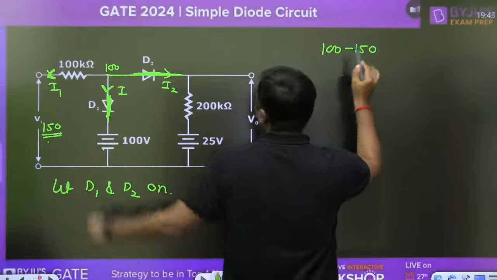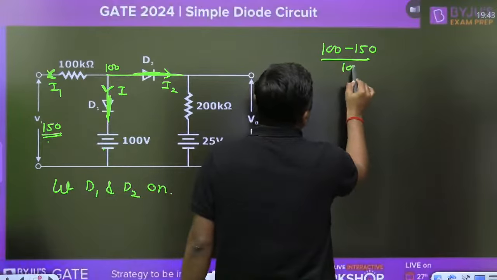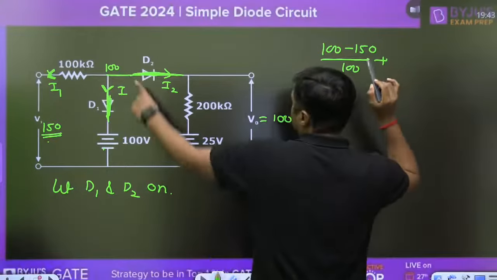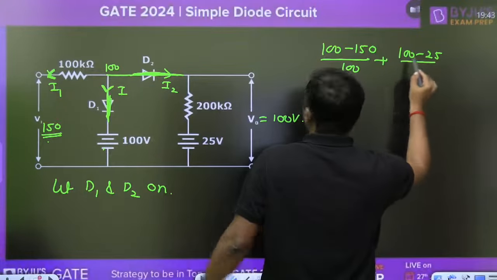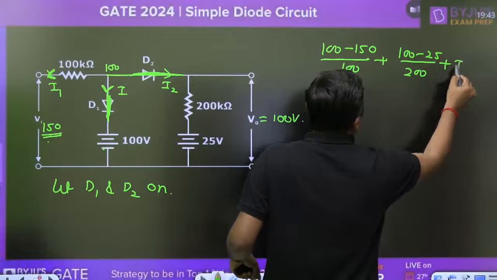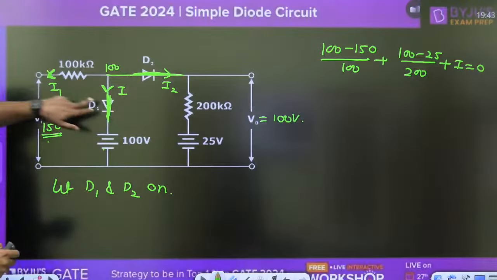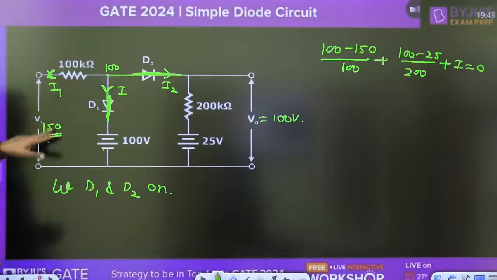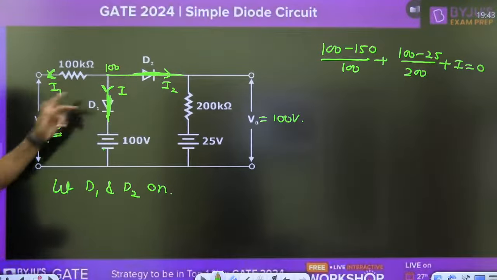I am applying the KCL at this point: (100 minus 150) divided by 100, plus (100 minus 25) divided by 200, plus I, because I is also outgoing current. I am taking the outgoing currents I1 plus I plus I2.